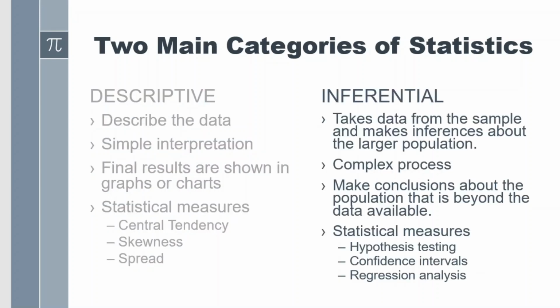From inferential statistics, we take the data from the sample and make inferences about the larger population. This one is a complex process, and we have to make conclusions about the population that is beyond the data available. The statistical measures that we're going to use here are hypothesis testing, confidence intervals, and regression analysis.